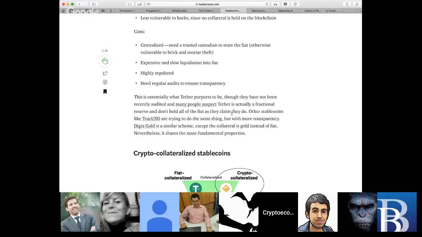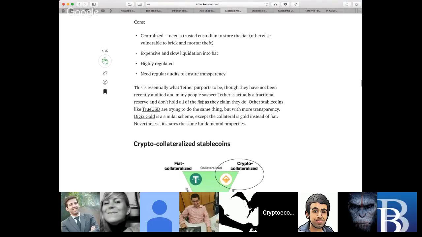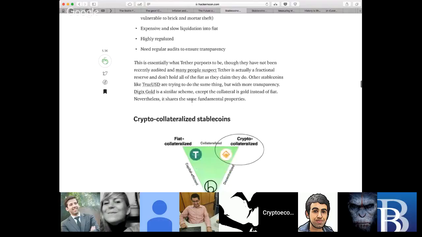So the community in general had fears that Tether didn't have enough dollars proportional to the tokens that they were issuing. So they were acting like a fractional reserve, meaning that they didn't have all the dollars that they were issuing through their tokens, but only a fraction of it, which is not what you want, obviously.